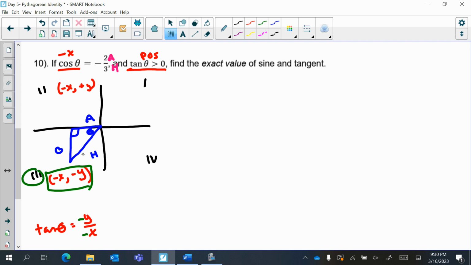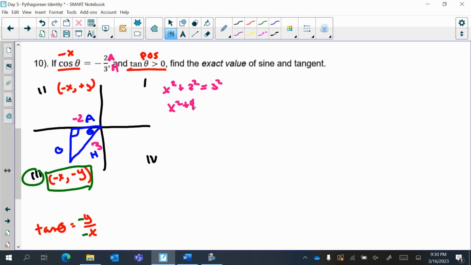So your hypotenuse is going to be 3, and your adjacent is -2 because you're to the left, so that needs to be negative. Your hypotenuse is always positive. If you do the Pythagorean theorem, you get x squared plus 2 squared, you could leave out the negative, equals 3 squared.